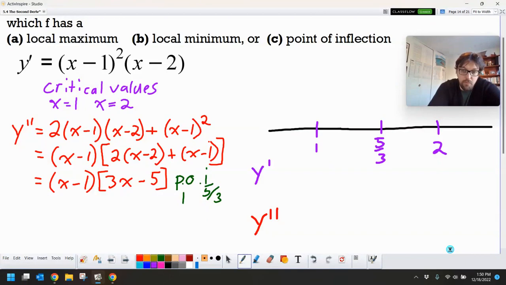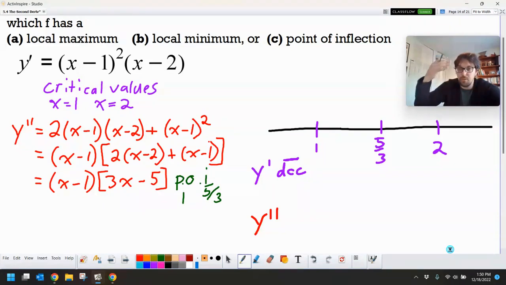And we care about what signs we are getting from these things. So if we look at y prime, if we put in some number that's smaller than 1, like 0, we would get -1 squared, so that'll be positive, times -2, so that will be negative. So meaning we're decreasing. We don't really care about between 1 and 5/3, it's really between 1 and 2.